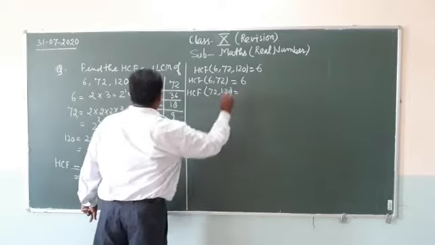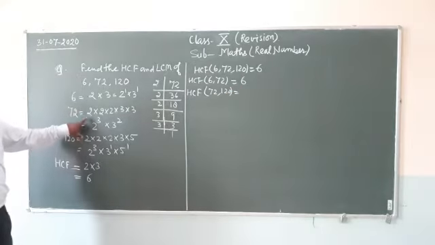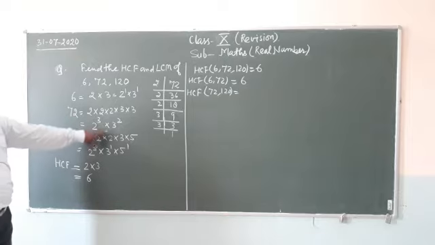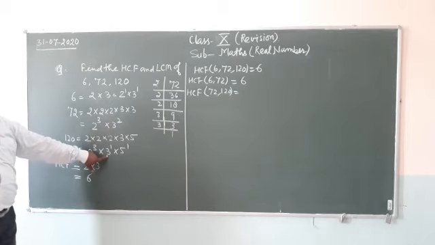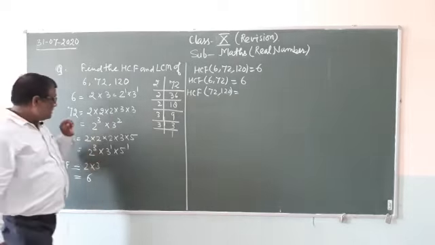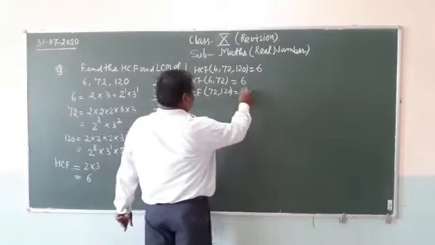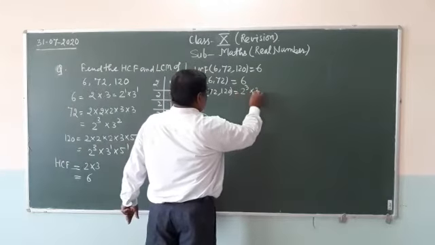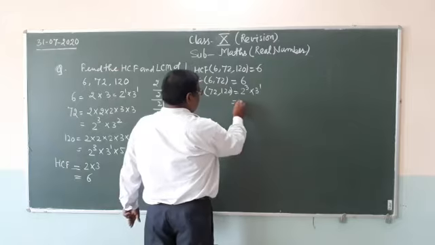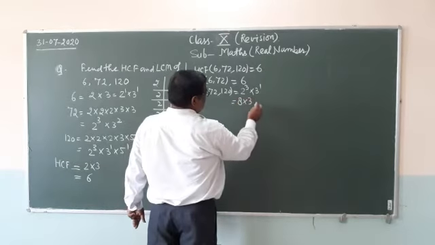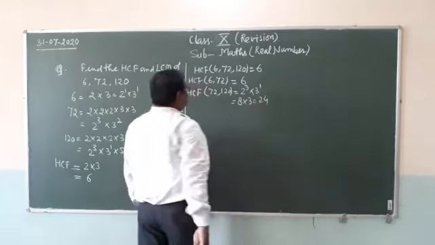Here look, in 72 we have 2 power 3 and 3 power 2, but 3 power 1 is the smallest. Now we write 2 power 3 into 3 power 1, that is 8 into 3, which is 24.